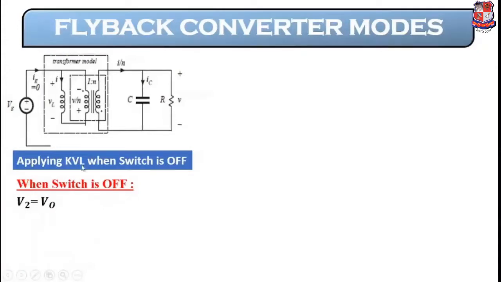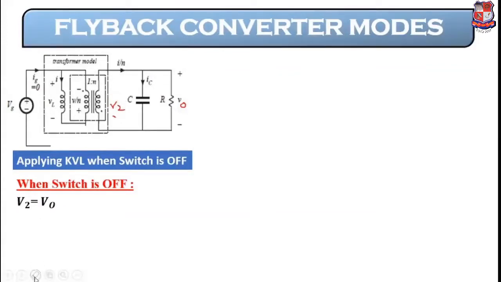This is my plus and this is my minus, and this is my V2. So V2 is equal to my output voltage VO, when the switch is off.